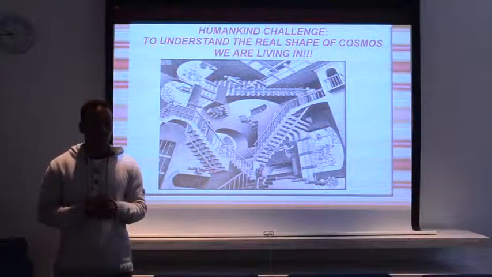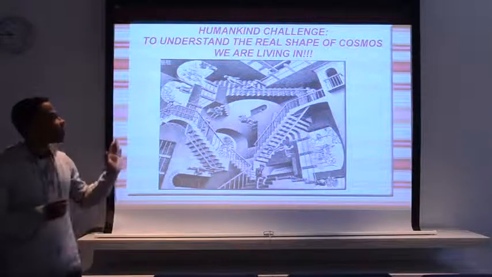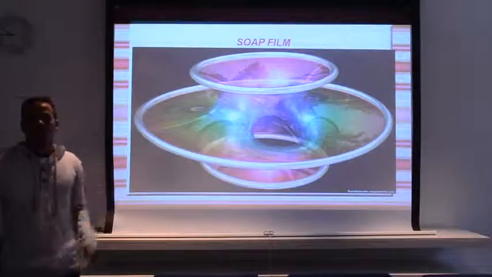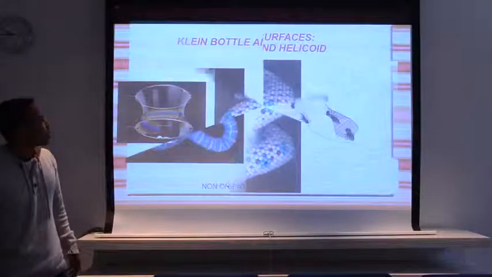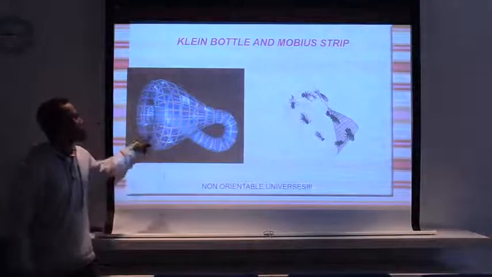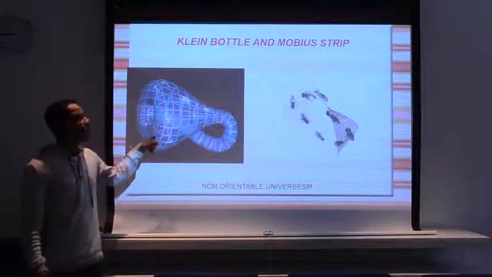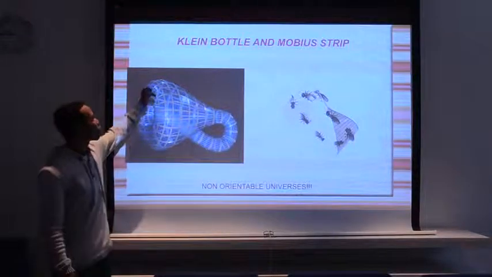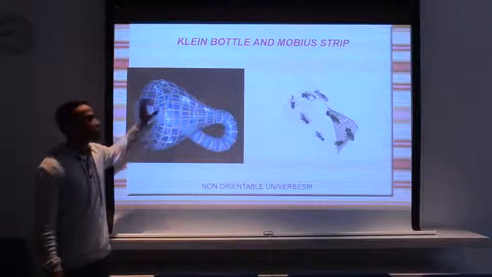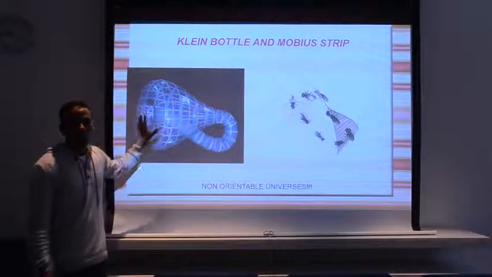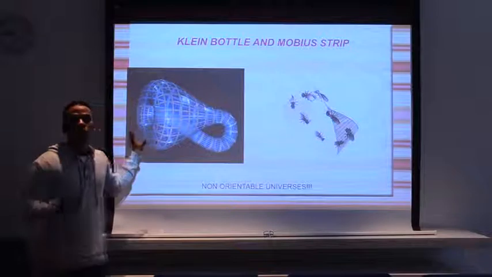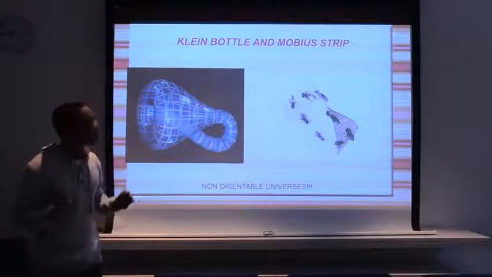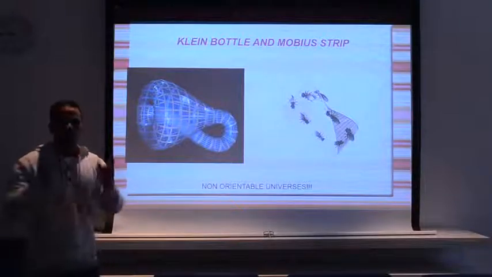So defining manifolds allows us to increase our understanding of, for example, this kind of situation. Who knows, the universe may not have this shape? For example, we could be living right here, and the universe could be in this way. So the object of the study of differential geometry in mathematics is, roughly speaking, to try to understand our universe.